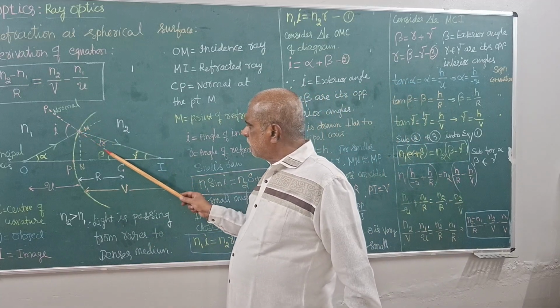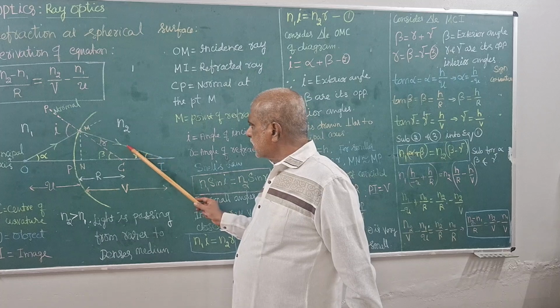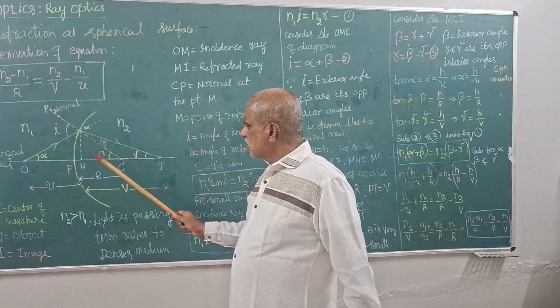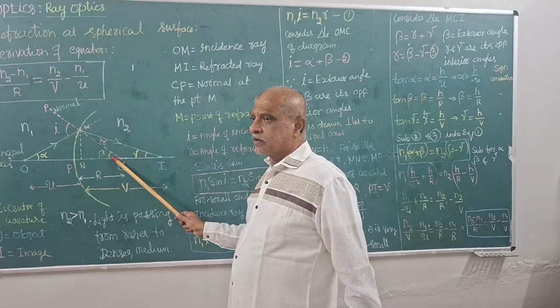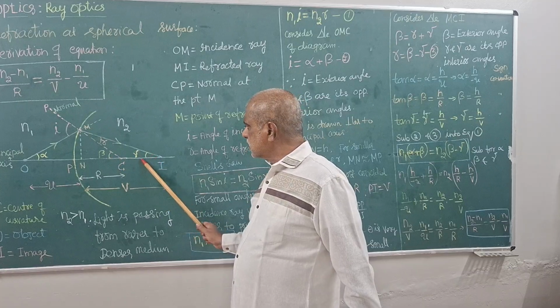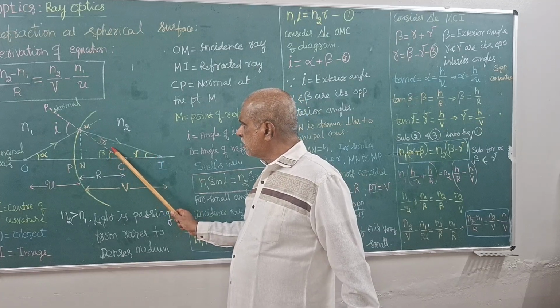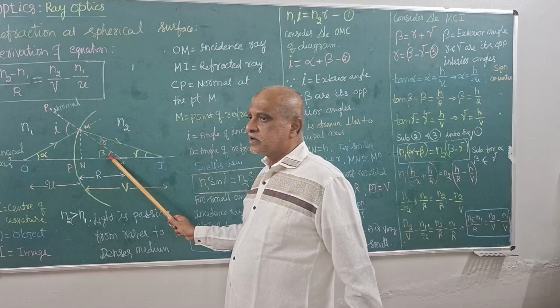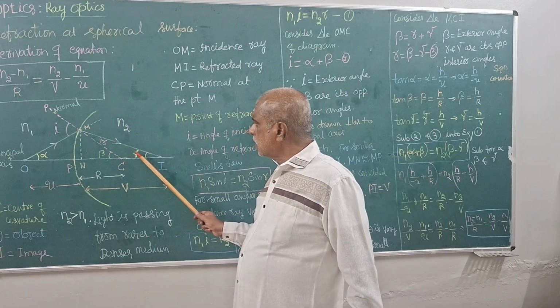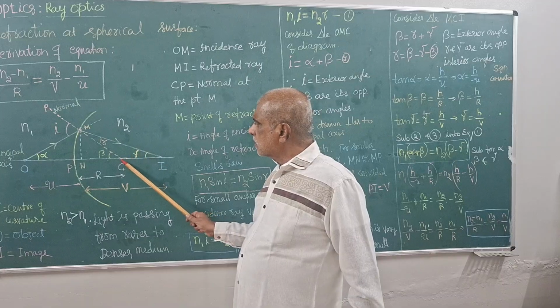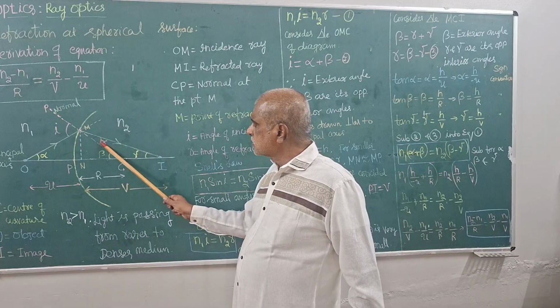One more triangle we have. Look at this triangle. In this triangle, beta is the exterior angle because this side is extended, and these two angles are its opposite interior angles.